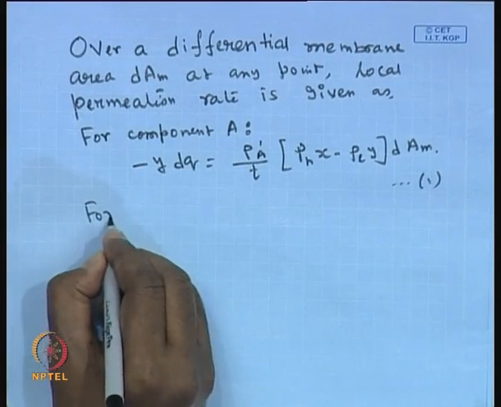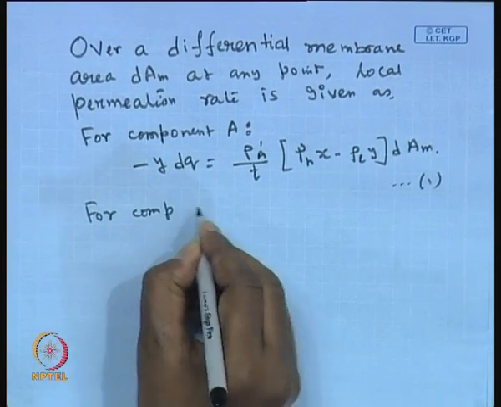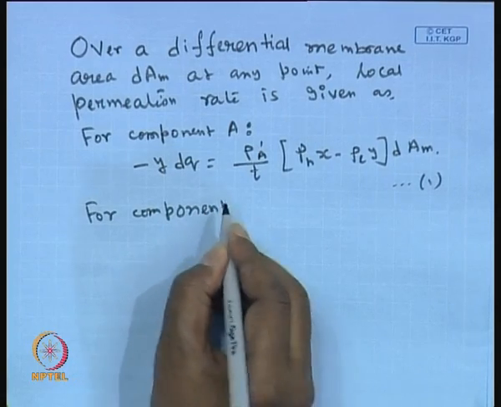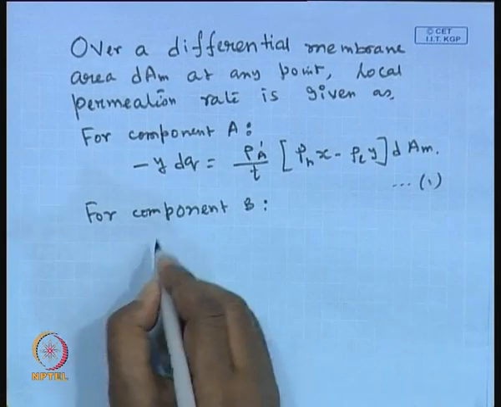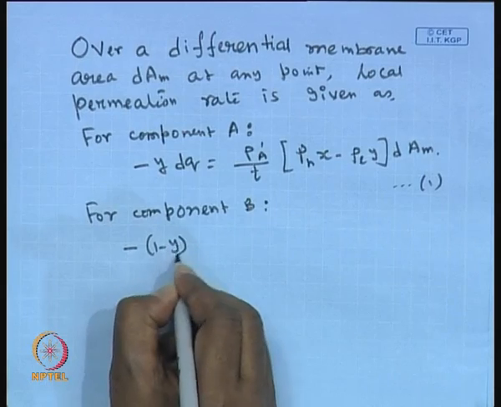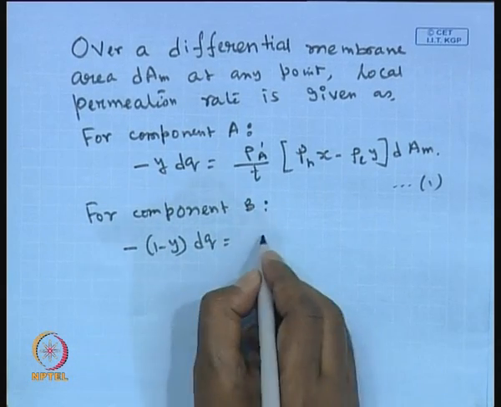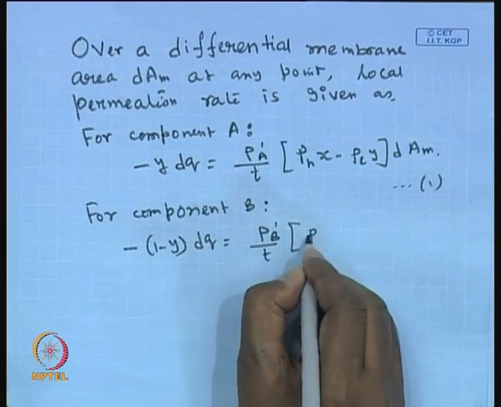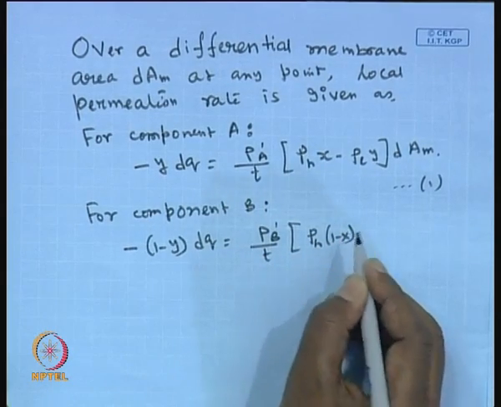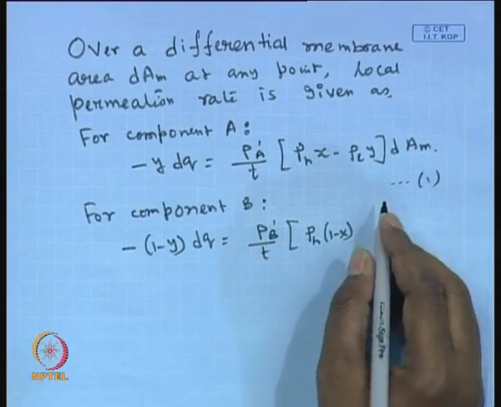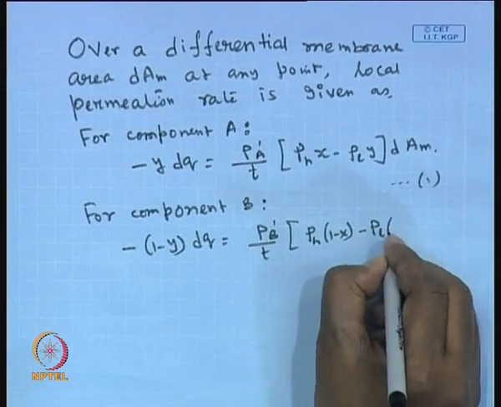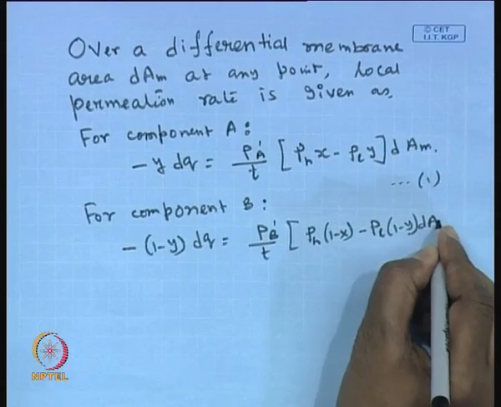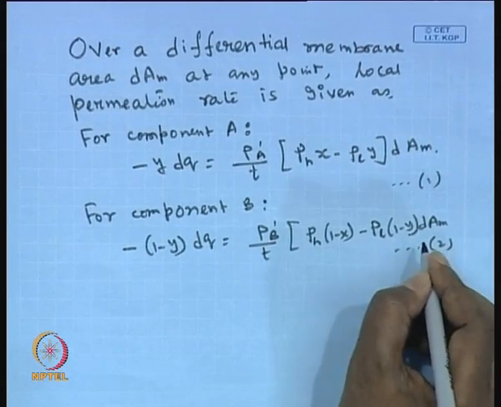For component B, you can have a similar balance: minus (1 minus y) dq is P_B prime by t times (P_H (1 minus x) minus P_L (1 minus y)) dAm. We are considering a binary mixture of A and B. This is equation number 2.